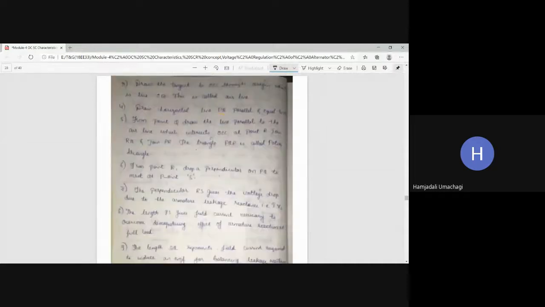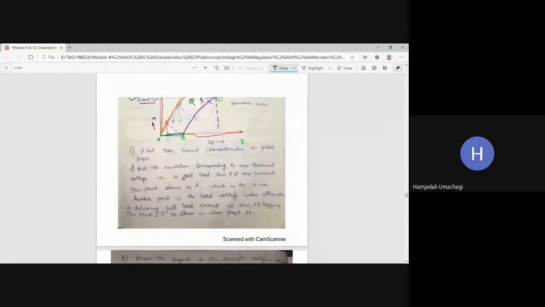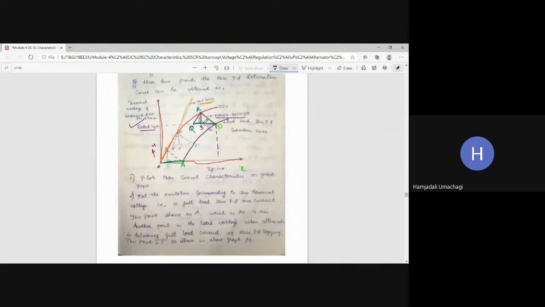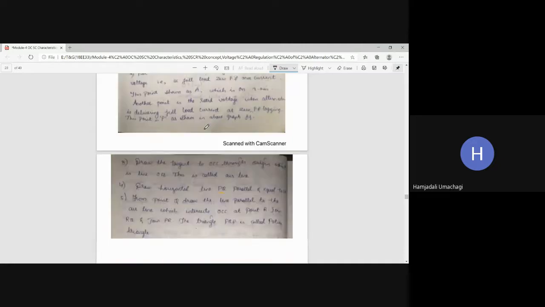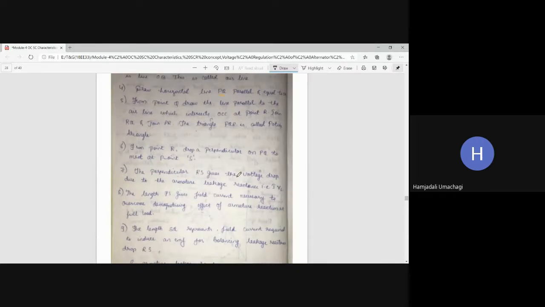Now, from point R, drop a perpendicular on PQ to meet at point S. You need to drop the perpendicular from point R to meet the line PQ at point S. Call this point S. Then the length of the perpendicular RS gives the voltage drop due to armature leakage reactance, that is Ia into XL.